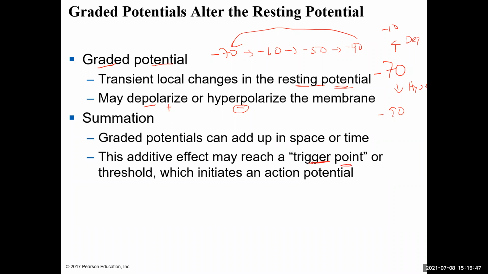If that graded potential reaches that trigger point, then an action potential will follow, and that action potential will trigger that neuron to send a signal to the nervous system that something is happening, whether you need to move your muscle or release an enzyme or a hormone, etc.